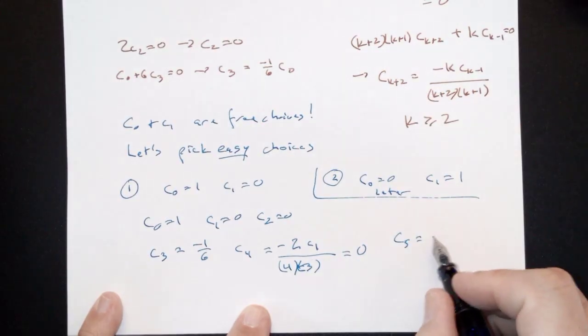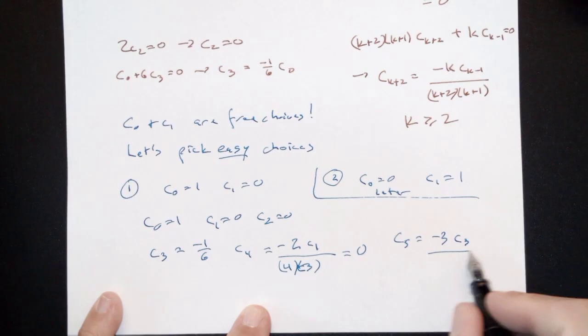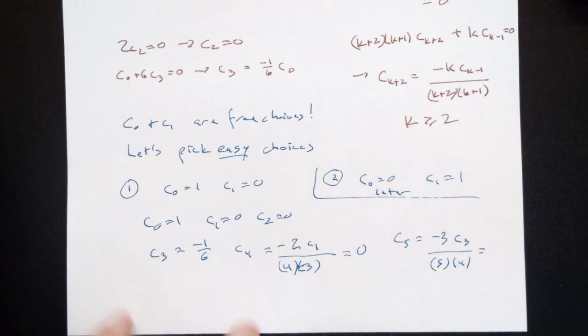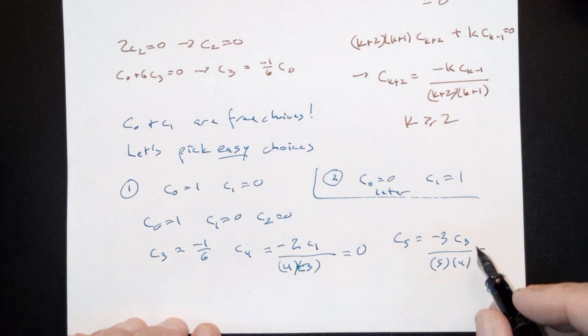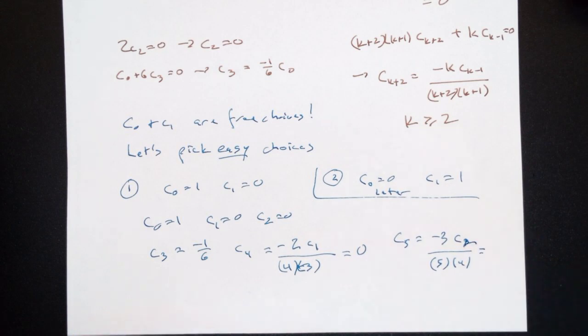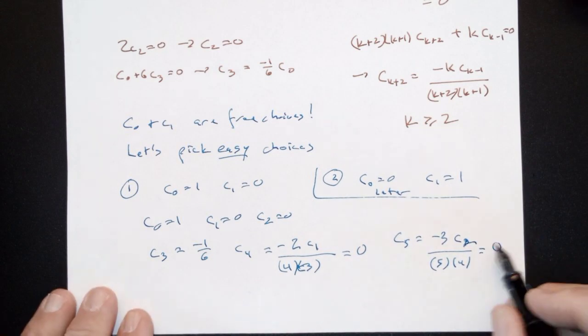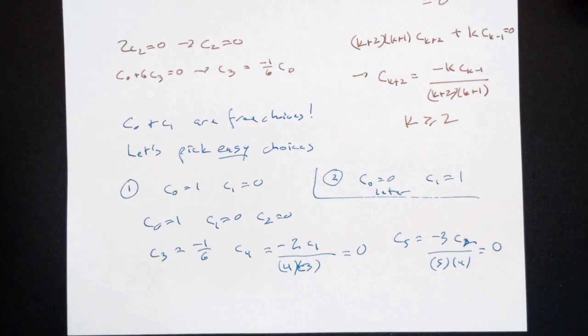So it'll be negative 3C3 over 5 times 4. What's C3? Should it be C2? Oh, you're absolutely right. Yes, good catch. What's C2? That makes my life easy. Hey, wait a minute. 1, 0, 0, negative 1/6, 0, 0. I bet this pattern is going to continue, and I'm only going to get every third number.